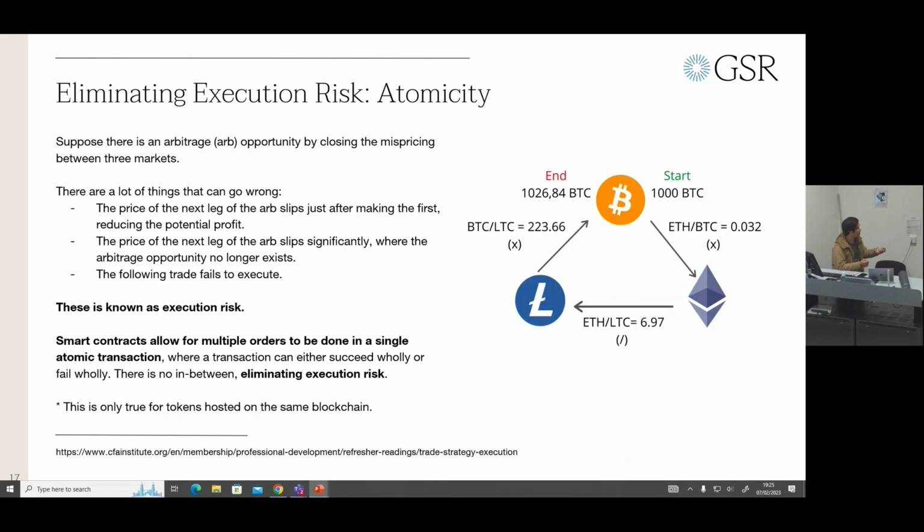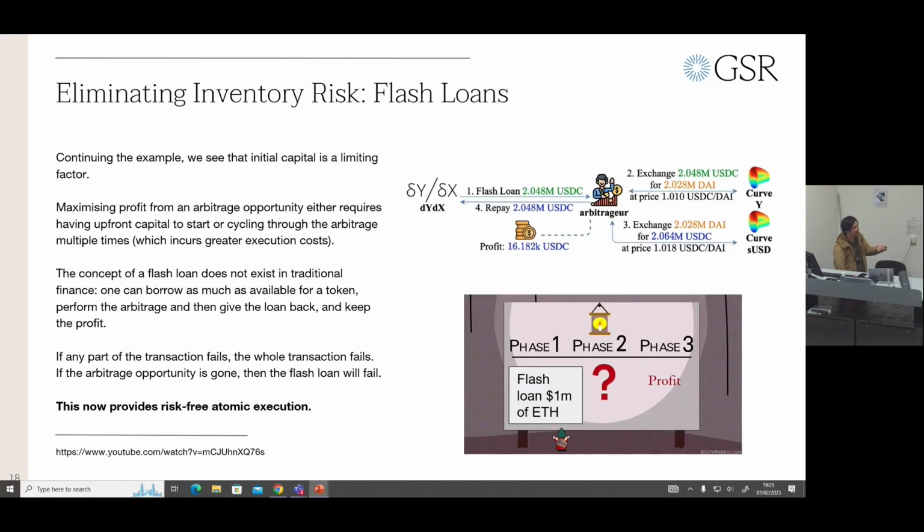This can be quite a challenge, especially for your solo traders, most of whom don't have 1,000 Bitcoin in their wallet or trading account. And one of the cool things about DeFi is that you can actually take a flash loan from someone.